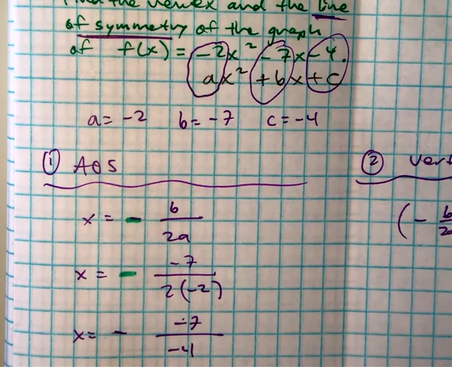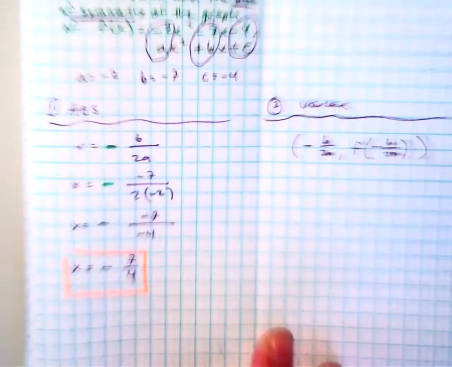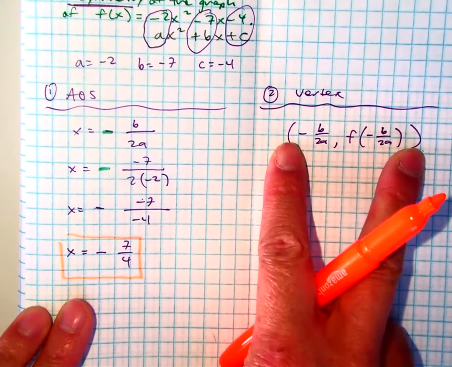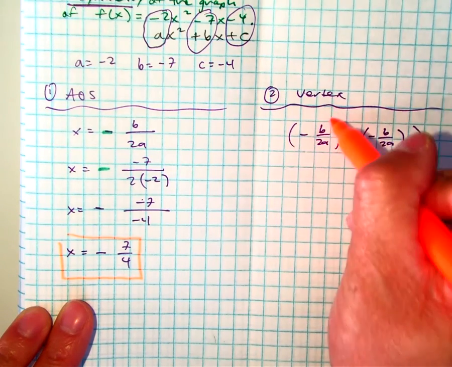Alright, so basically what we did here is we just found the x value. This is an ordered pair. The vertex is an ordered pair. And we just found this.